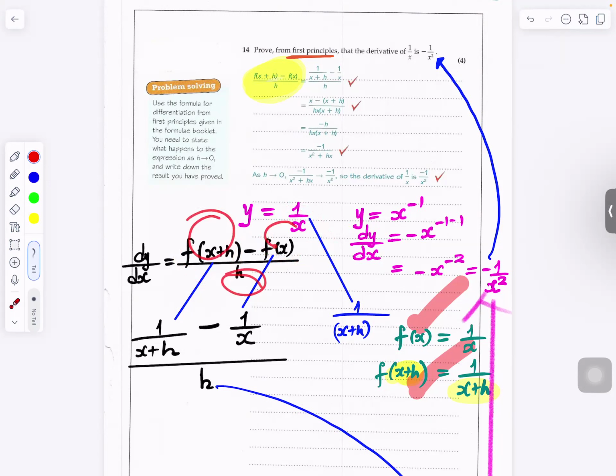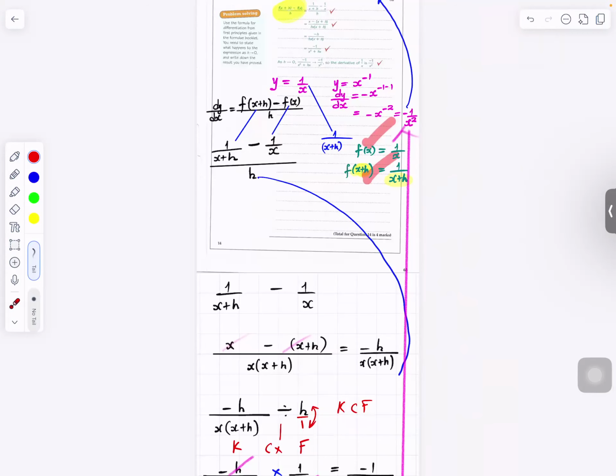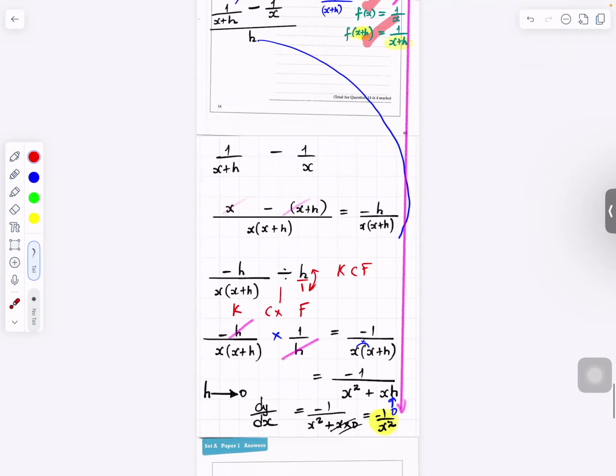And then all you do now, you do algebra and keep simplifying until you get to the point where you can say, let's make h equal to 0. And then you will get your final answer.